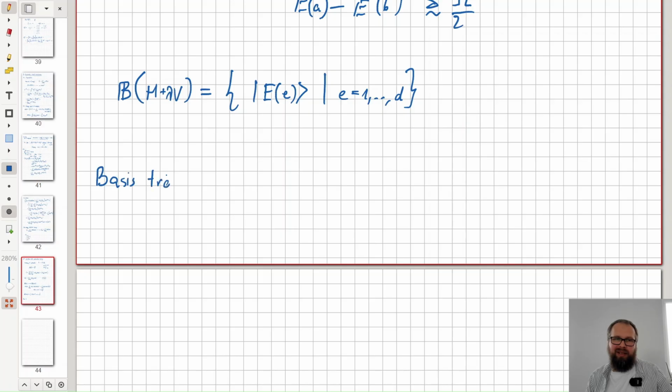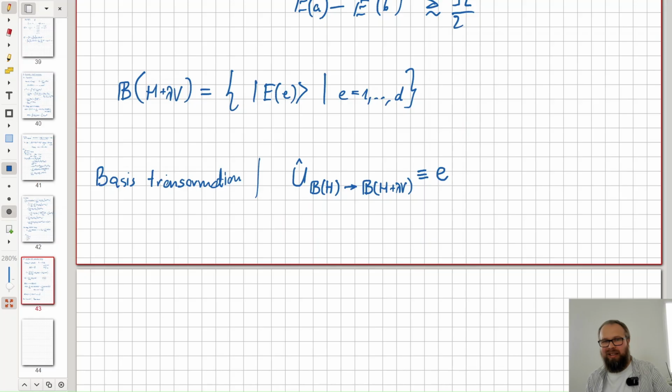There exists some unitary U that takes us from H to H plus lambda V, and let's call it e to the S, because unitary transformations can always be generated by some generator by taking the exponential of it. Is it clear that this is true?